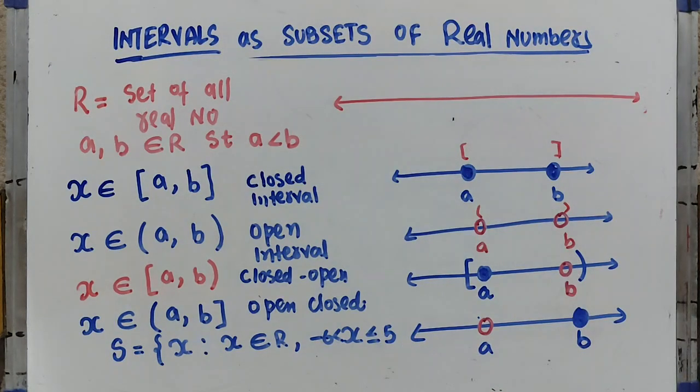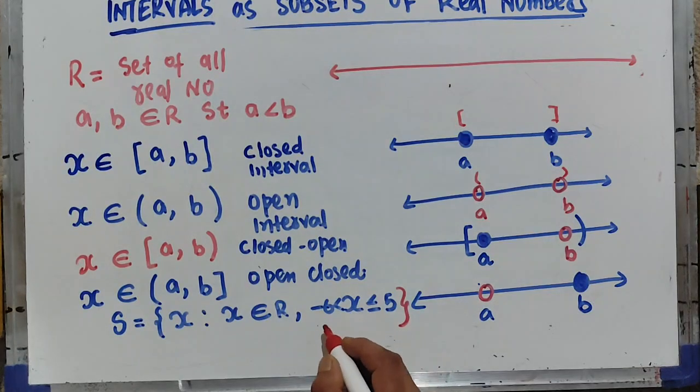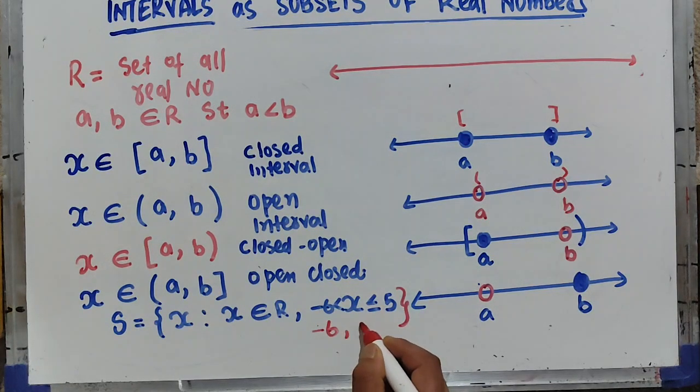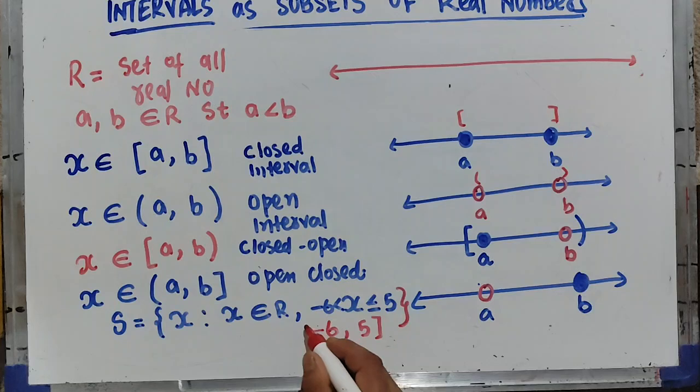So how do we show it in the form of interval notation? We can write it like this: (-6, 5]. Since from the right side it is closed and on the left side it is open.